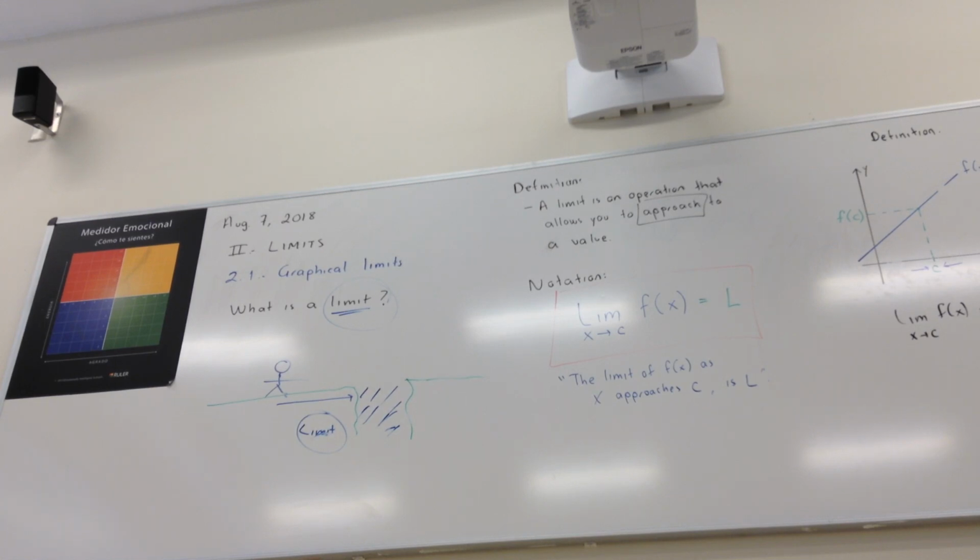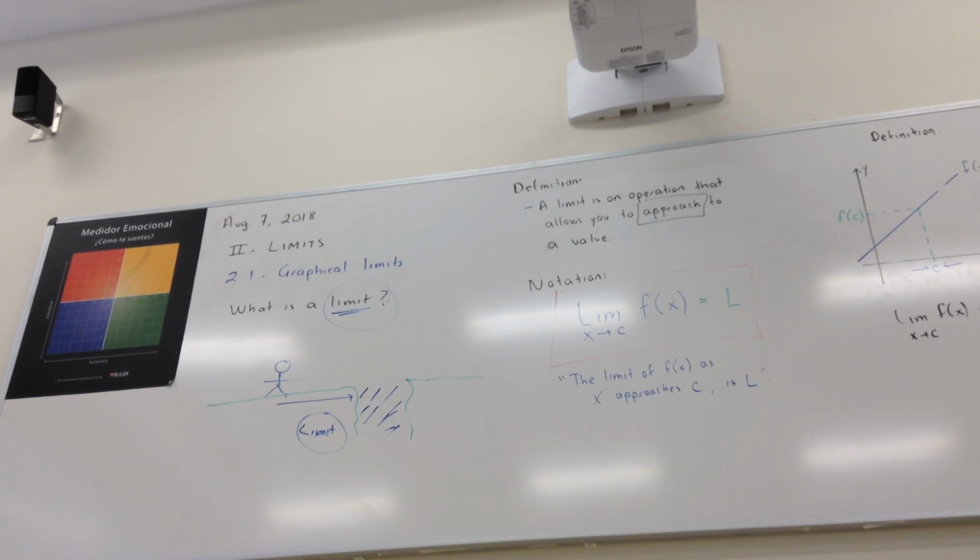Okay? So to avoid this, we need to do a little more analysis. So instead of just analyzing from both sides, we're going to find the limits, but from one side at a time. So for example, if I say this, the limit as x approaches 4, and then I put a little plus here in the 4. That will mean that I'm going to find the limit, but just taking from only one side, the right side.